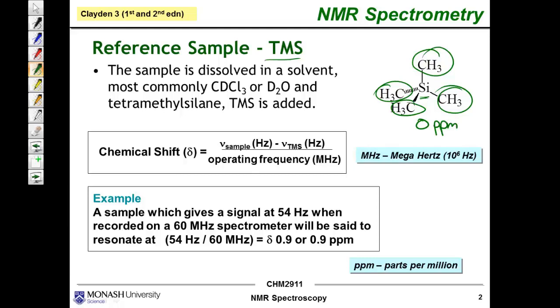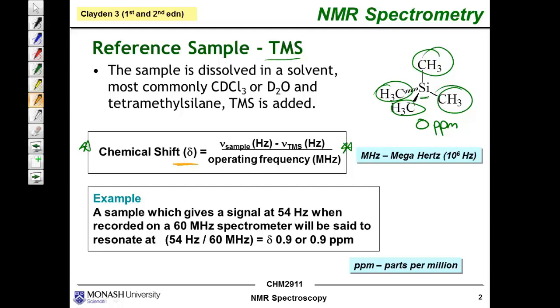So why is that important? Well, what we need to do is think about the relationship between chemical shift, the operating frequency of the NMR spectrometer, and also the sample frequency. So when we think about that as a mathematical equation, we have this relationship that is shown here. We have an example here.